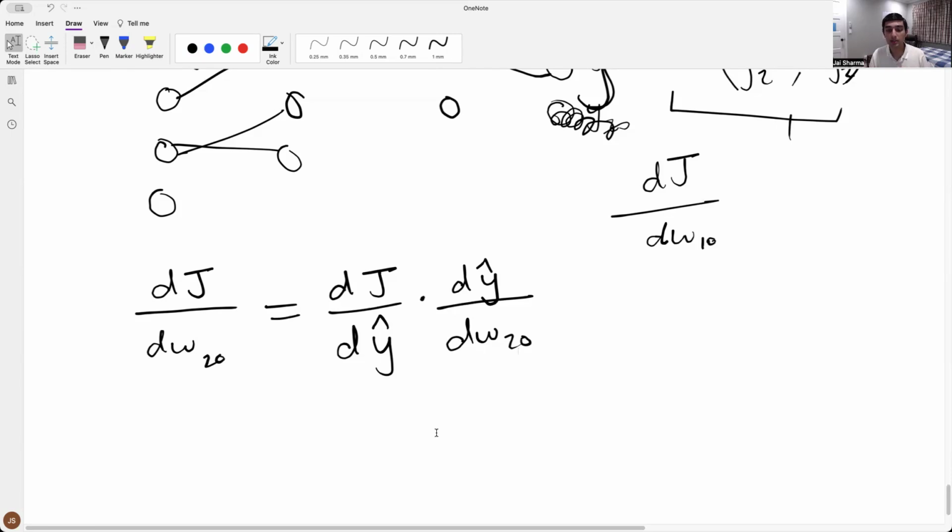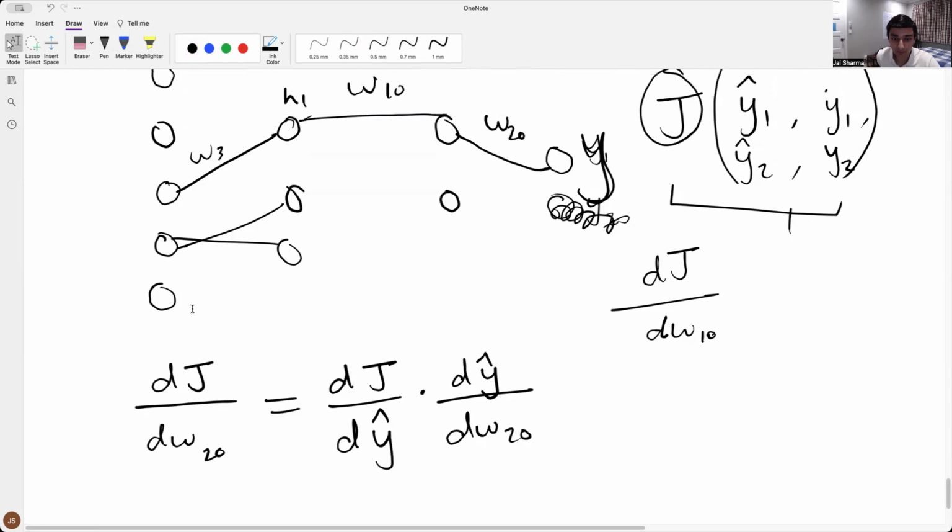Based on whatever our rules are for computing y hat and computing J, we can find these two and then just multiply them together. And this would help us update the parameter W20.